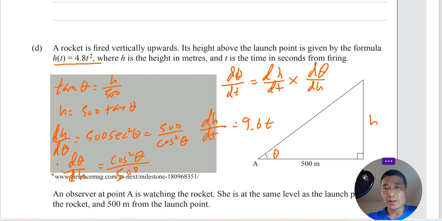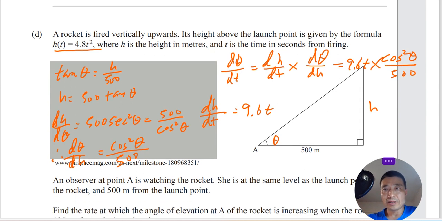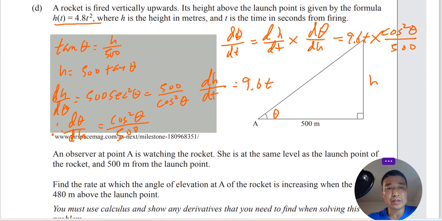So plug them in: 9.6t times cos² θ over 500. Now, obviously, we have to find the t when h is how much? h is 480 meters, right? So that's what we have to find, and also theta when h is 480.